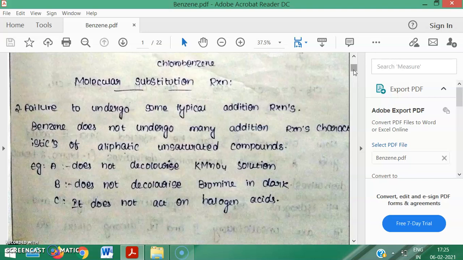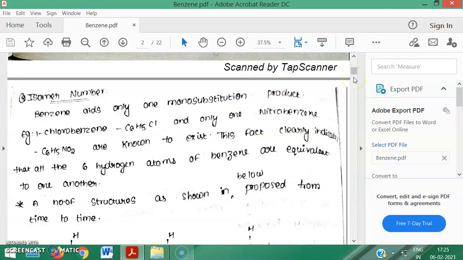Only substitution takes place. That indicates that benzene is not behaving like a simple alkane, and not behaving like a double bonded compound, an alkene.